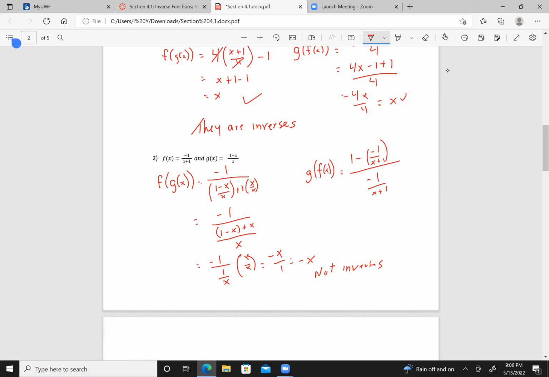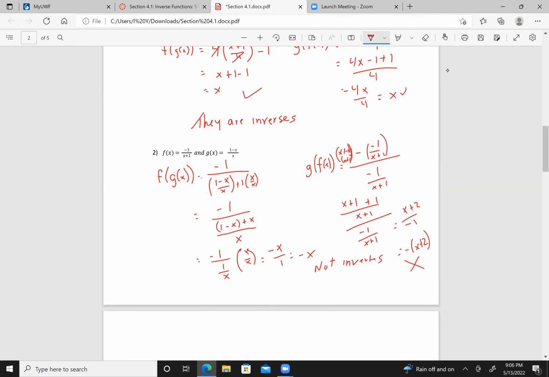So if I go ahead and multiply this and this by x plus 1 over x plus 1, I get x plus 1 minus a -1, over -1, which gives me x plus 2 over -1, or negative x plus 2, which again is not x, so therefore not inverses.